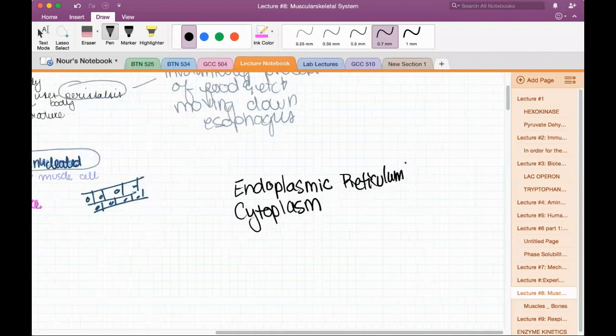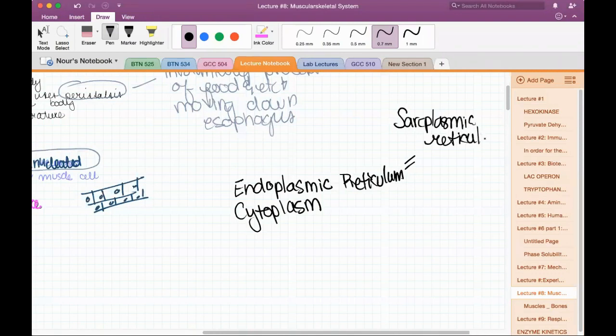In a skeletal muscle cell, the endoplasmic reticulum is called the sarcoplasmic reticulum. It's basically the same thing, just located in a skeletal muscle cell. And the cytoplasm in a skeletal muscle cell is called the sarcoplasm. So whenever you hear those words, you know you're dealing with a skeletal muscle cell, and things are a little unique in there.